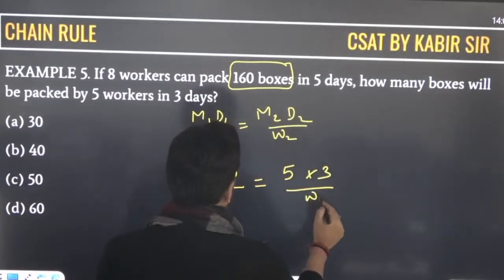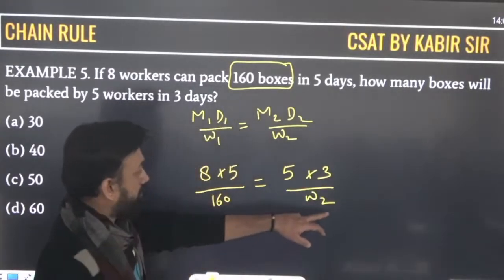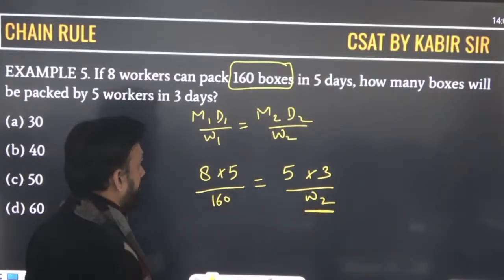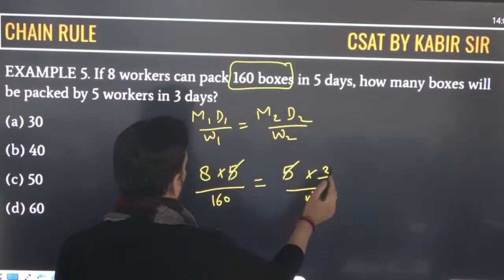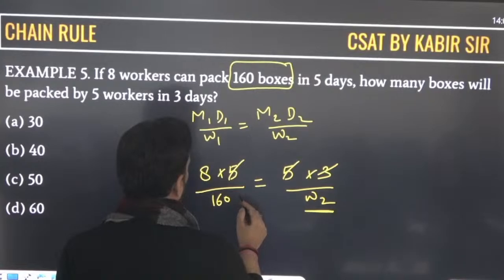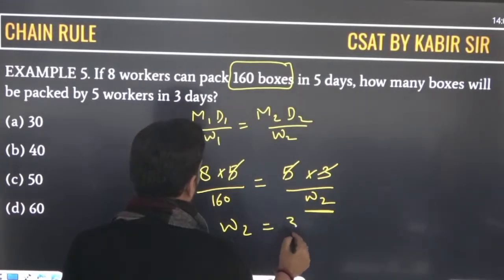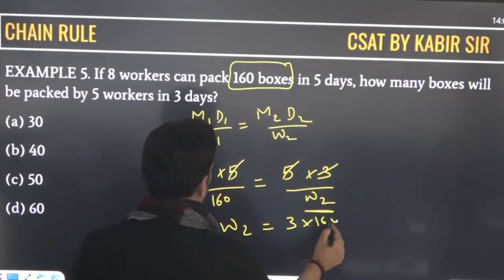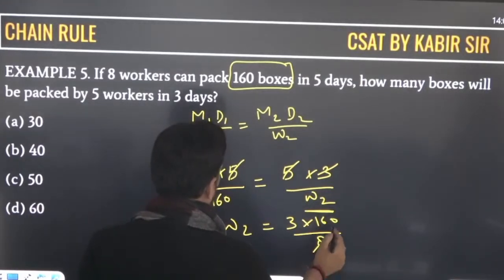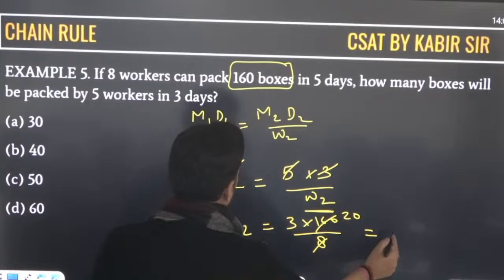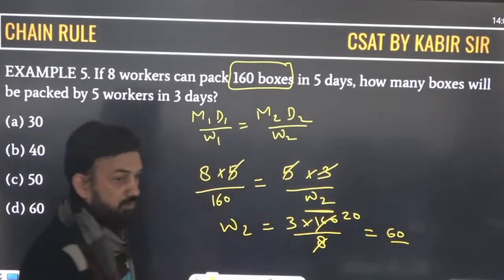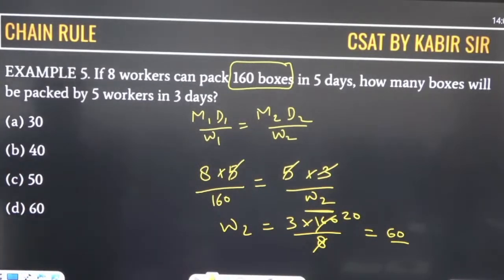Here they are asking about the work, so we have to find this W2. This 5 will cancel this one, this 3 comes this side. Otherwise you can take all things this side, 3 into 160 on 8. So how many boxes can they pack? 60 boxes they can pack. So the answer will be option.